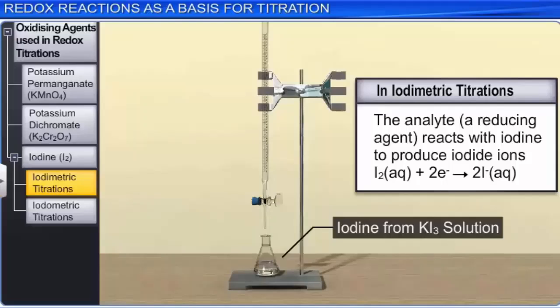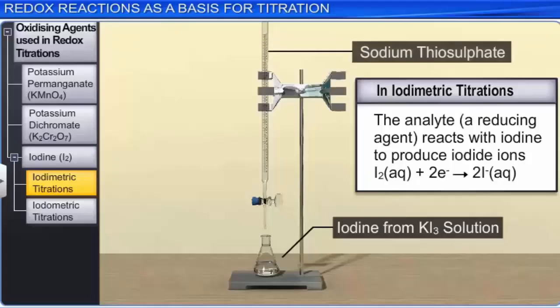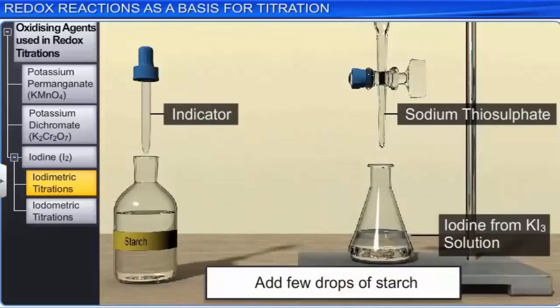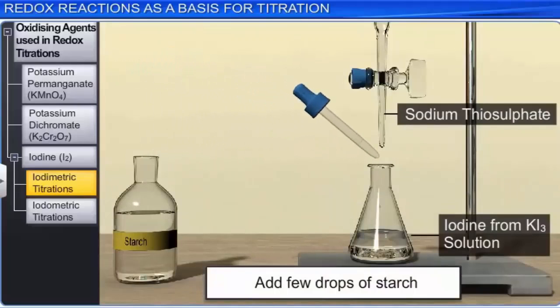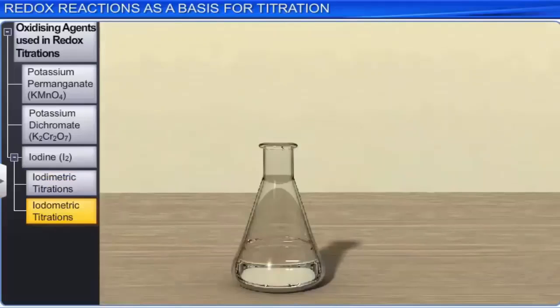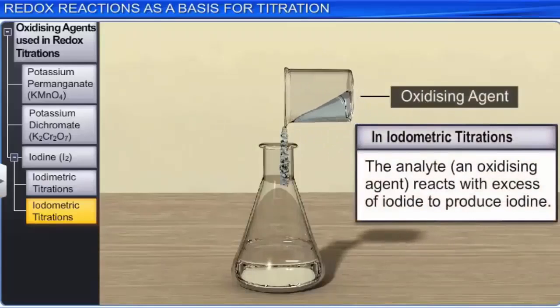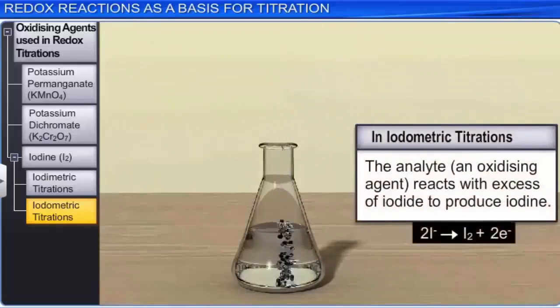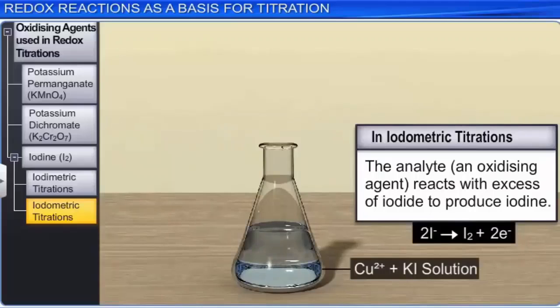For example, in the estimation of hypo or sodium thiosulfate, iodine directly reacts with sodium thiosulfate in the presence of starch as an indicator and produces an intense blue color.